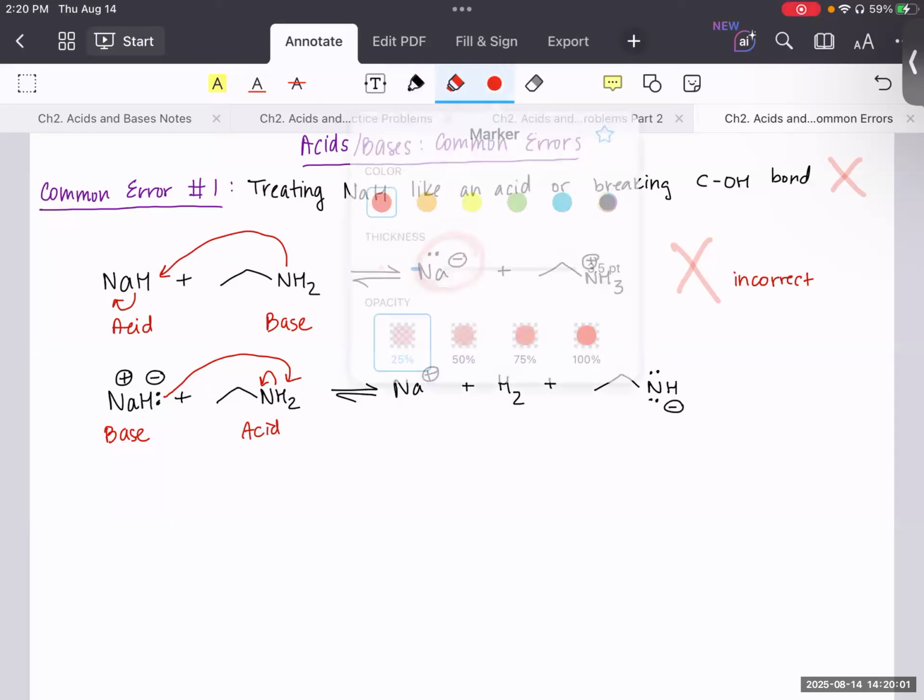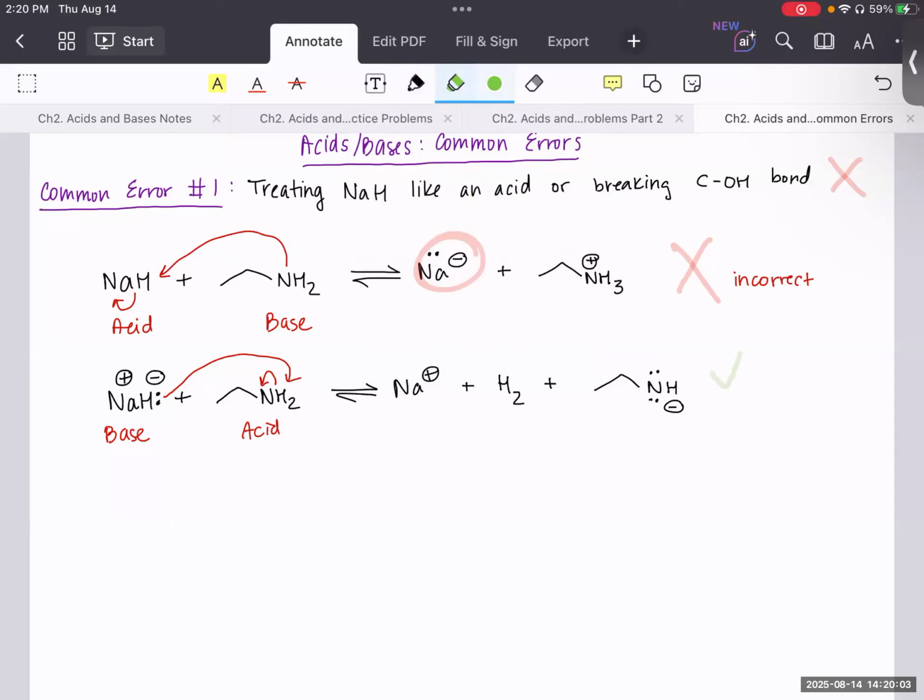So this would be the correct products for this reaction. Again, that's because we're treating the sodium hydride like a base, and that hydrogen is the one that has the lone pair that attacks another hydrogen and forms H2.